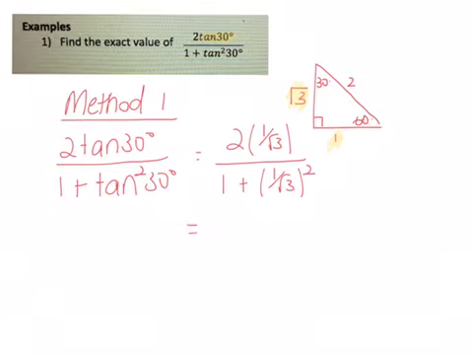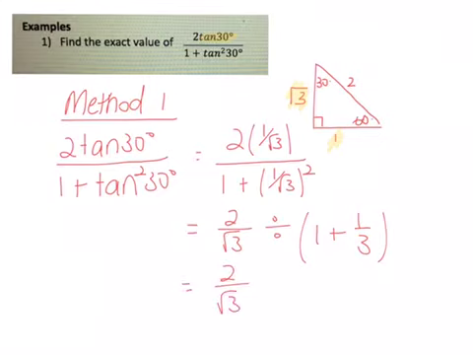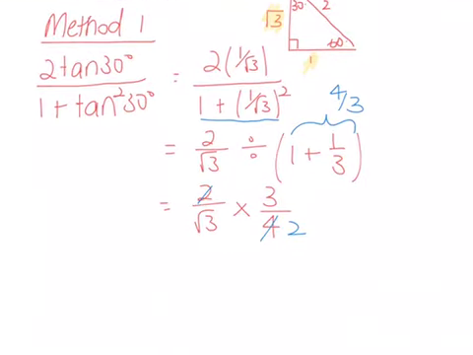Now it's just a matter of using our fraction laws and our surd laws to simplify this fraction as much as possible. Sometimes it's easier if we write it as a division, just as opposed to working with fractions in fractions. And knowing that we can't divide by a fraction, the 1 plus 1 on 3 that comes from the original denominator, or 4 on 3, then means that we'll multiply by the reciprocal, and after cancelling any common factors, we end up with a result of 3 on 2 root 3.